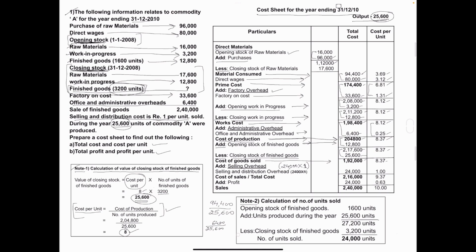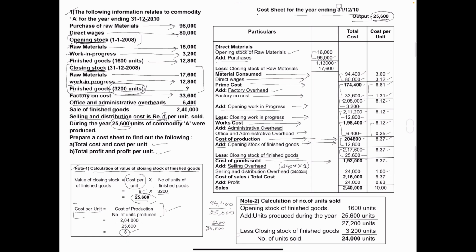So write here 24,000 into 1. ₹1 they have mentioned here. Selling and distribution cost is ₹1 per unit sold. 24,000 into 1, and the amount is 24,000. Per unit, no need to calculate because already they have mentioned ₹1. If you want to calculate, cost per unit is 24,000 divided by 24,000, because the number of units sold is 24,000, not the output.